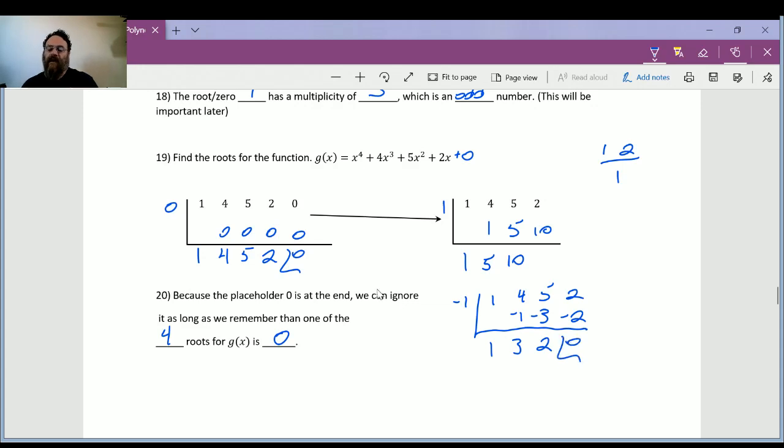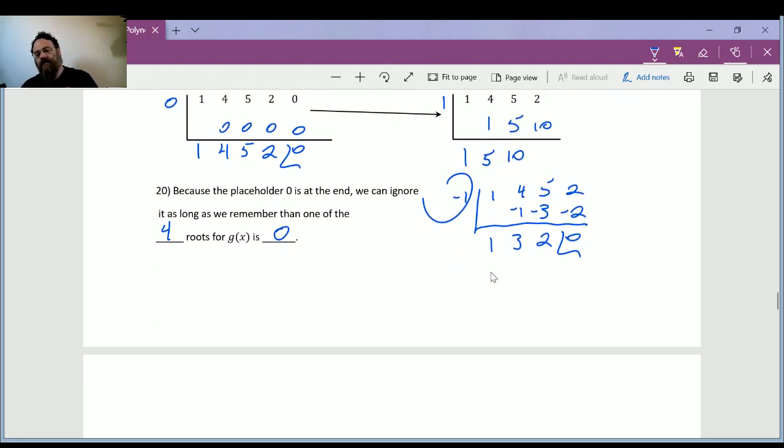Okay, we found one of the other roots. It's -1. Now, there's no point in trying 1 again. We already know it doesn't work, but it might be useful to go ahead and try -1 again. Okay, -1 times 1, that's -1, plus 3 is 2, times -1 is -2, and there you go.